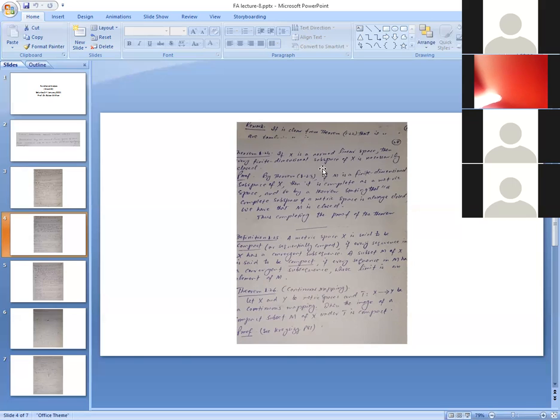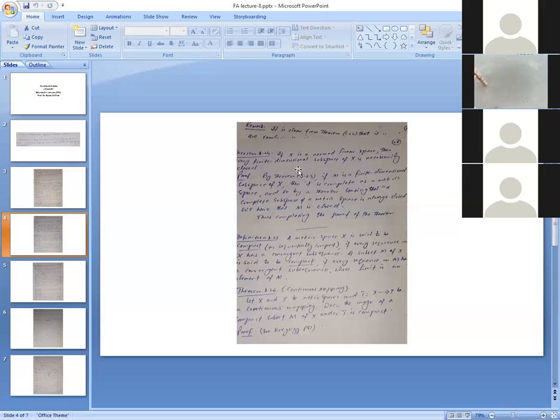Proof is simple. Consider a nonlinear space X and then consider a finite dimensional subspace M of X. Here we have taken M as a finite dimensional subspace of X. Then this finite dimensional subspace M of X is complete.